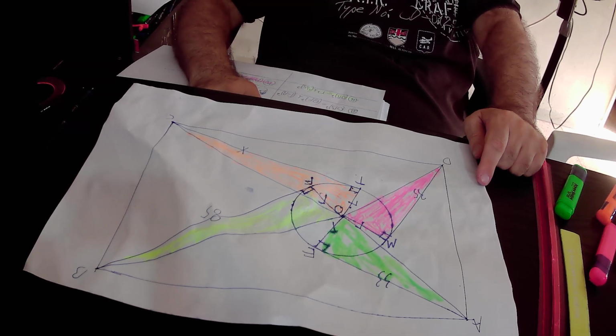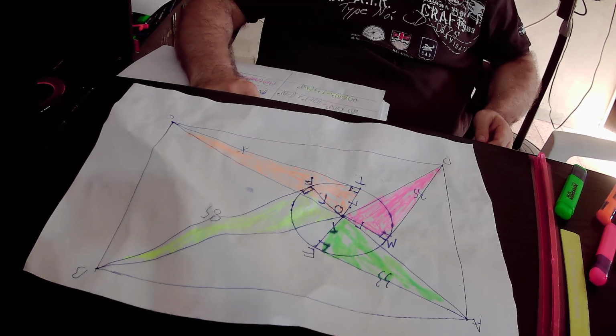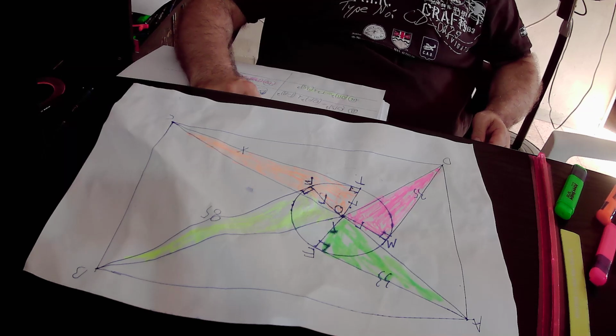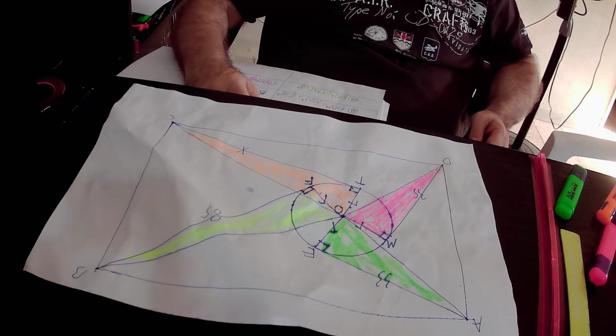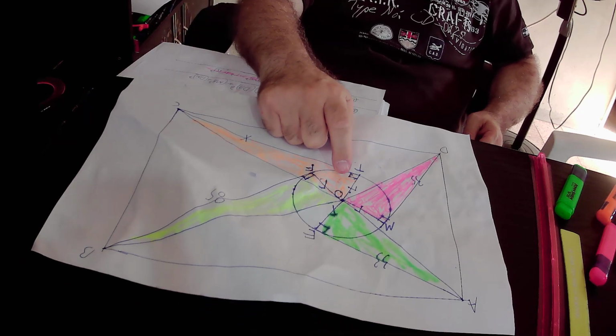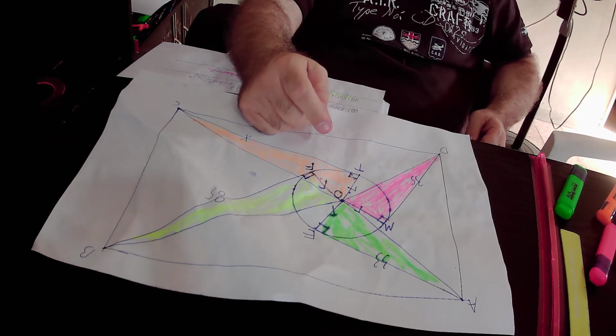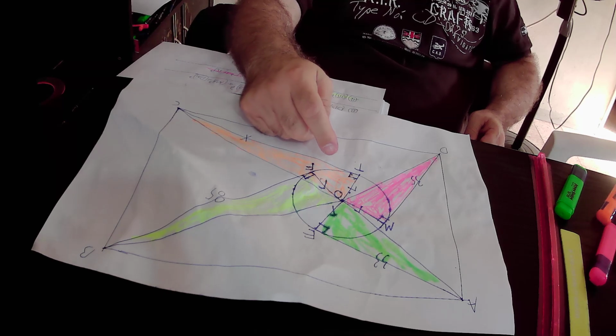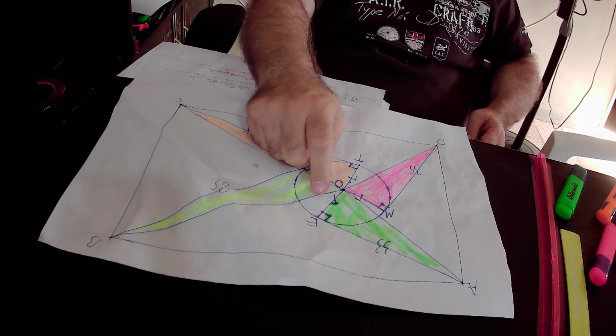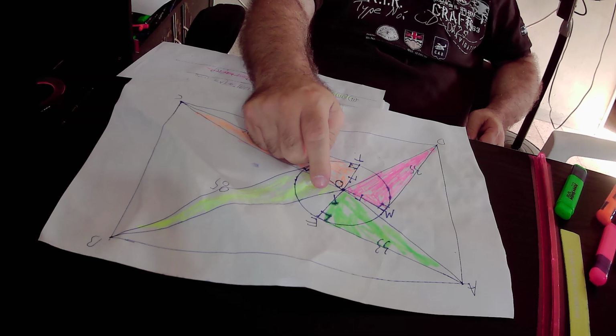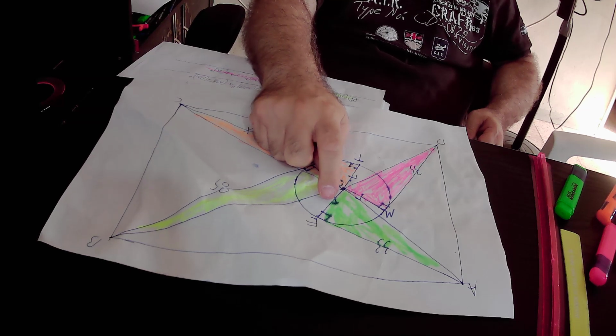Okay, so first of all, we define the center of this circle as O. We have the radius OE that is drawn to the point of tangency, therefore according to rule number 1 this angle equals 90 degrees.